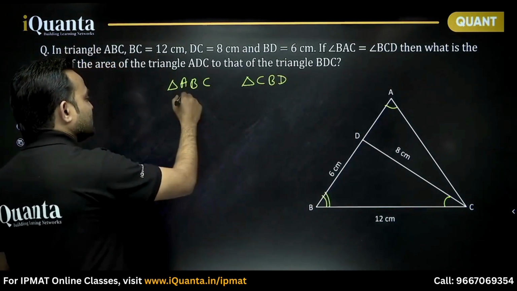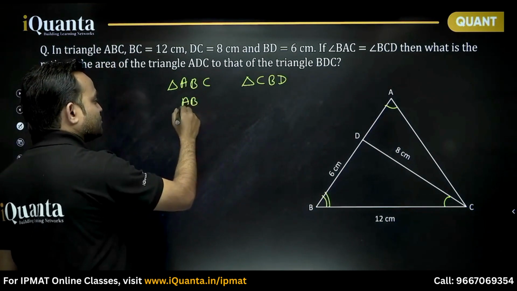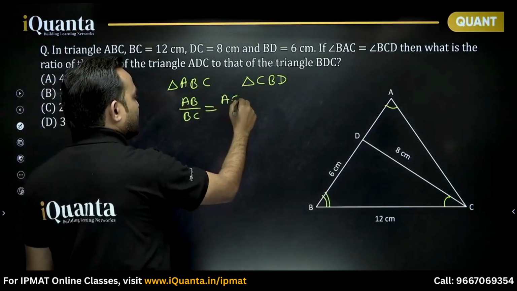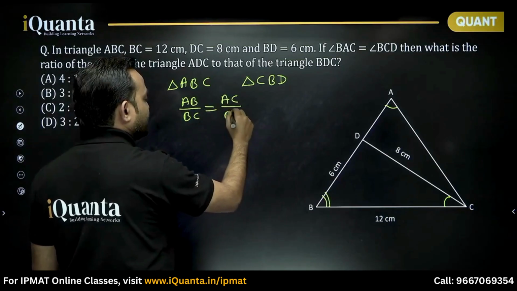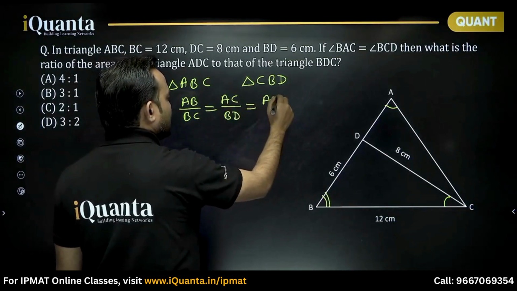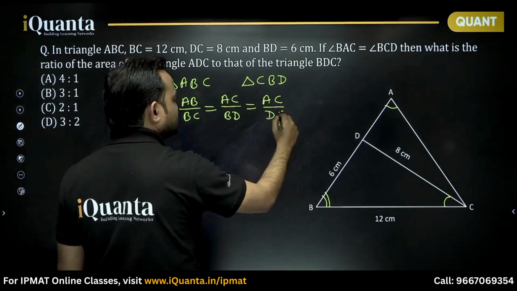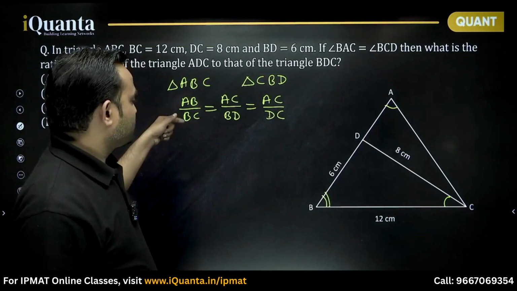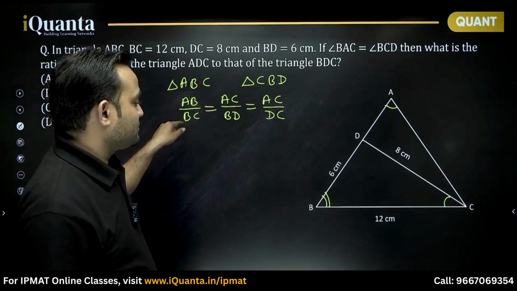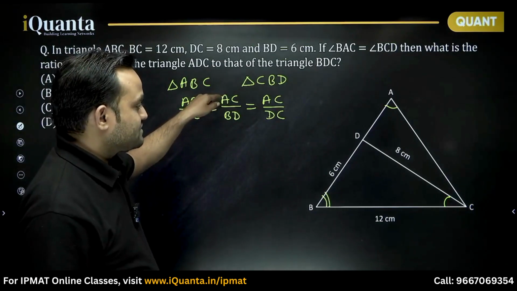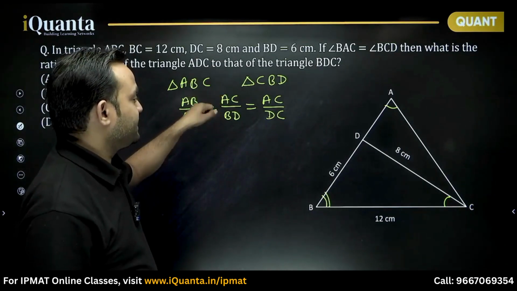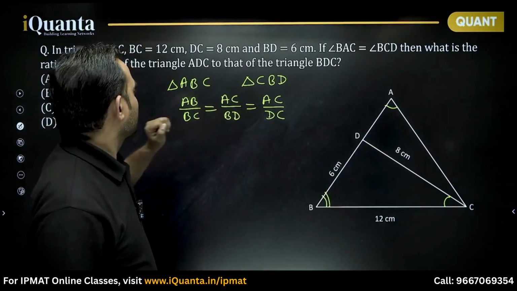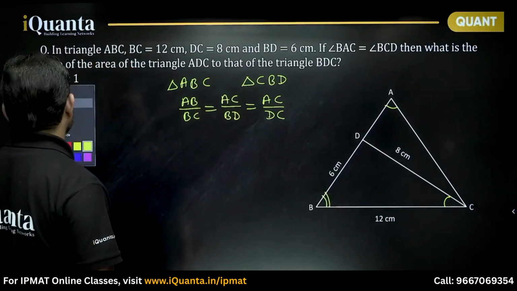So can we say, again taking the side ratio, that AB upon BC is equal to AC upon BD, which is equal to AC upon DC. Now check this out. Do we know AB? No. Do we know BC? Yes, BC is 12. Do we know AC? AC is not given. BD is given. AC has come twice here, it should not come twice, right?